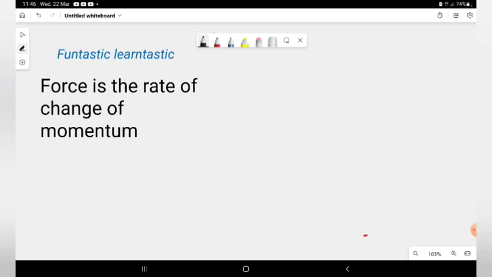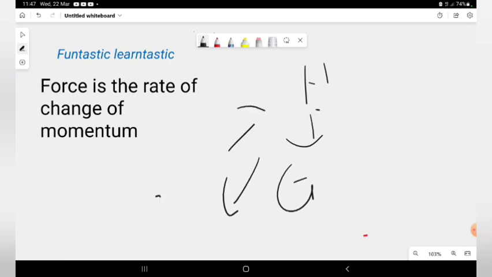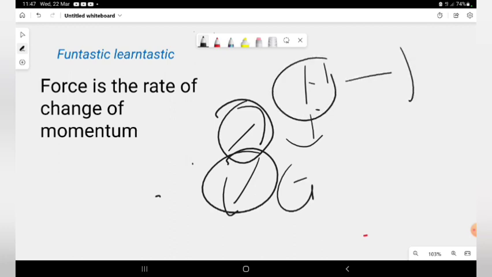So the horse is actually applying a force on the ground, and because he's applying it on the ground, the ground pushes him. His action of pushing, the ground's reaction is making him go forward. The horse moves ahead, and along with the horse the cart is also moving ahead. This also happens while we walk.